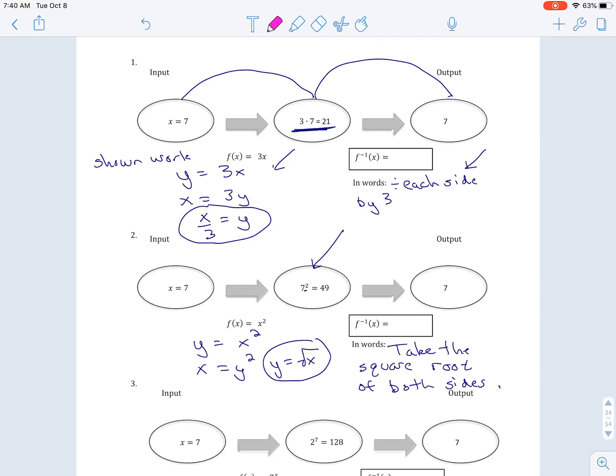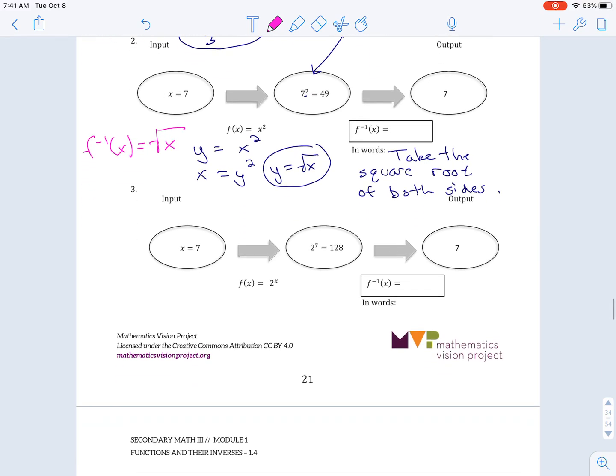We want to get in the habit of writing the answer as f negative 1. So the inverse function of 3x is x over 3. The inverse function of x squared is the square root of x. That's how we need to get used to writing those. Okay.